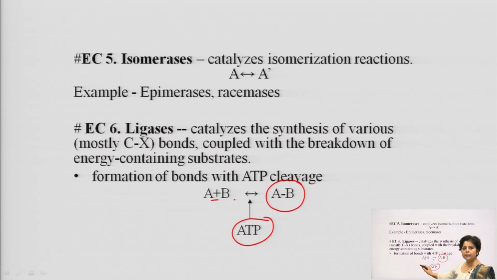Energy containing substances क्या हो सकते हैं बायोलॉजिकल सिस्टम के अंदर? ATP हो सकता है, AMP हो सकता है, GTP हो सकता है, एनी एनर्जी कंटेनिंग मॉलिक्यूल होना चाहिए दो सबस्ट्रेट को बाउंड करके एक सब्सटेंस बनाने के लिए.